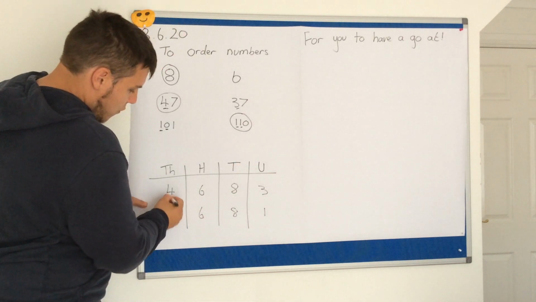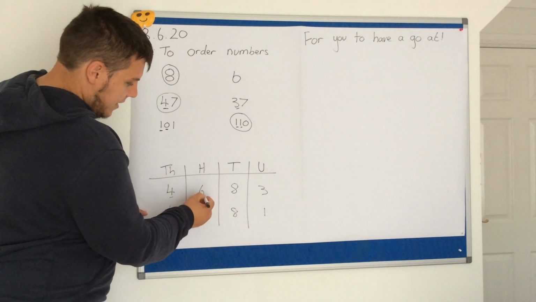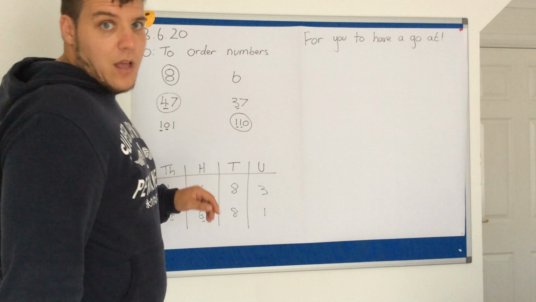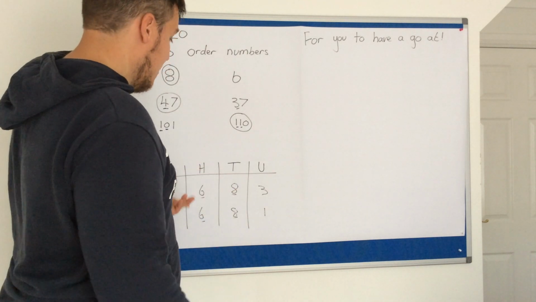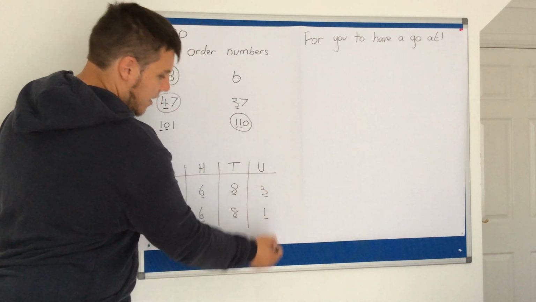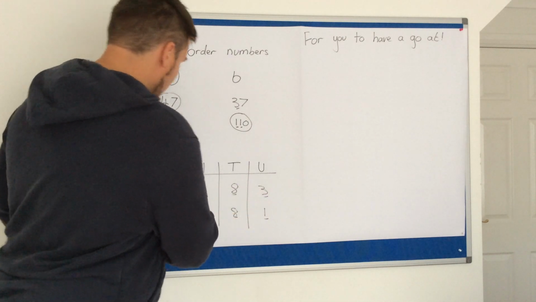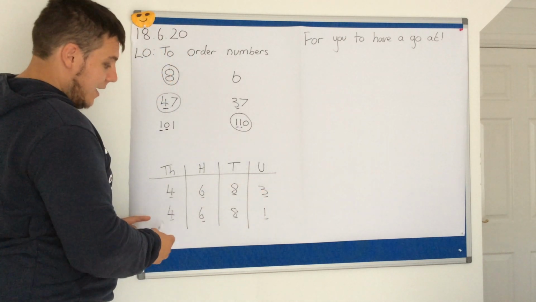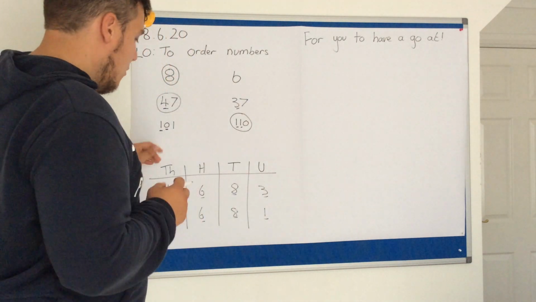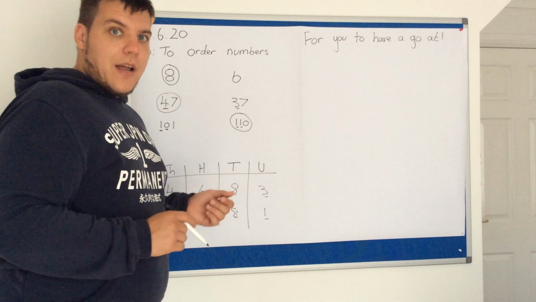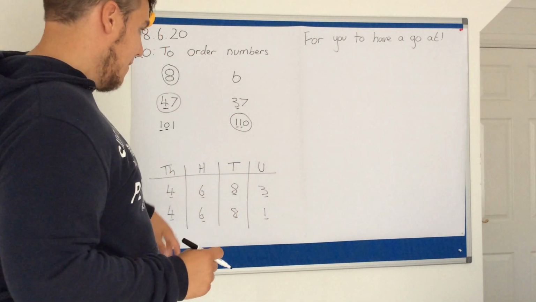So I've got 4 and 4, so I can't decide which one's bigger looking at that number. I've got 6 and 6, I can't decide. I've got an 8 and an 8, can't decide because they're both the same. And then I've got a 3 and I've got a 1. Which one's got the biggest value? My 3. So I know then that 4,683 is bigger than 4,681. And we're going to be using that skill a lot today to try and order numbers like we have done in our objective up here.